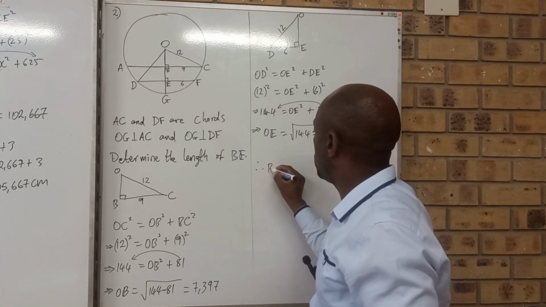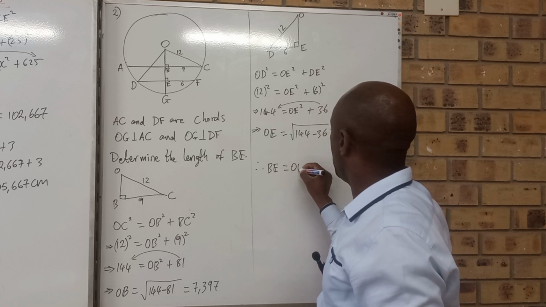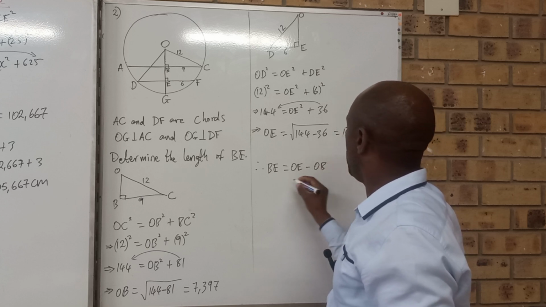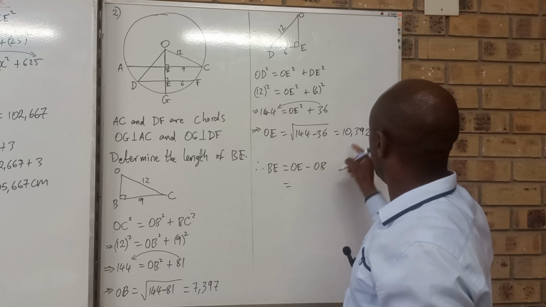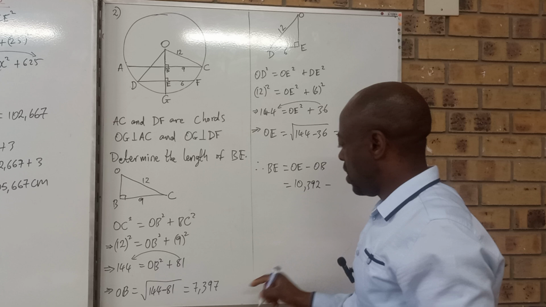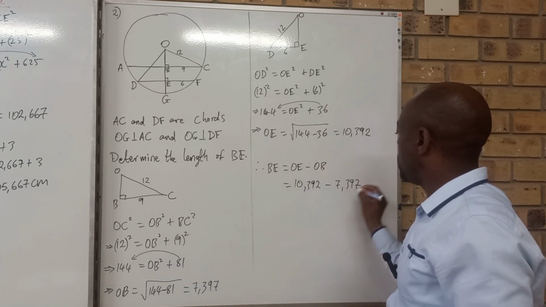Therefore, if we need BE, it should be OE minus OB. Our OE is 10.392. Our OB is 7.937.